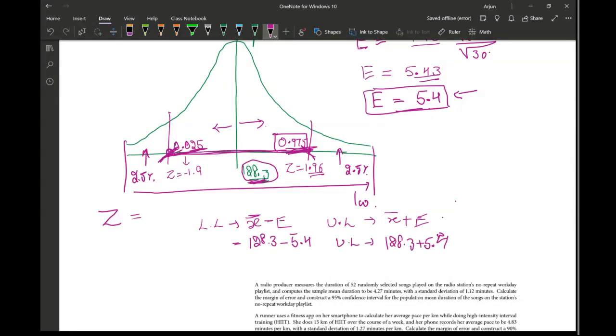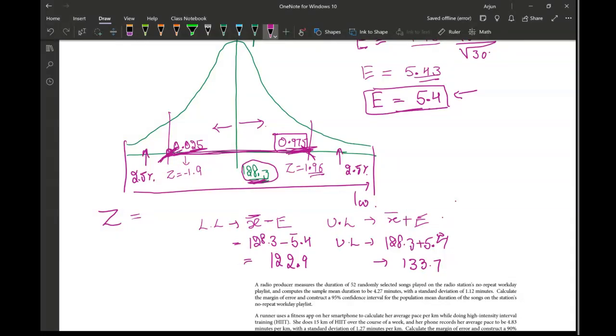So if I were to calculate those values, 128.3 plus 5.4 is 133.7. That should be the upper limit because I added it. And 128.3 minus 5.4 comes out to be 122.9.